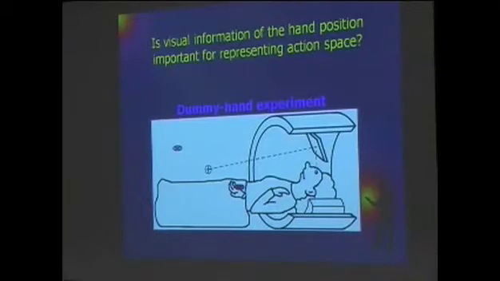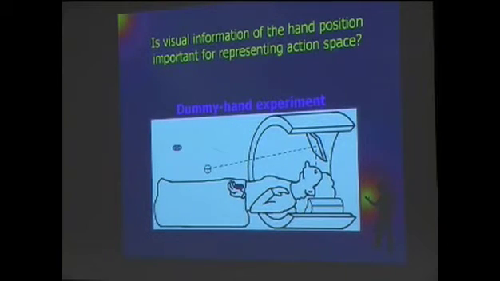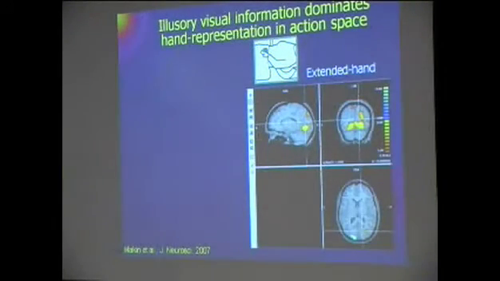And instead of the hand, I placed a prosthesis, a cosmetic one, by the near target. So now when the ball is approaching the near target, it's actually moving away from the subject's hand. But the subject can see this dummy hand that looks like his own hand, in the same position. And I want to know if the brain is fooled by this dummy hand.